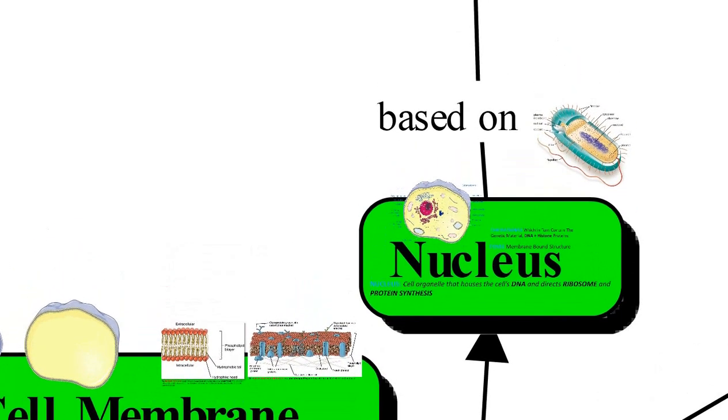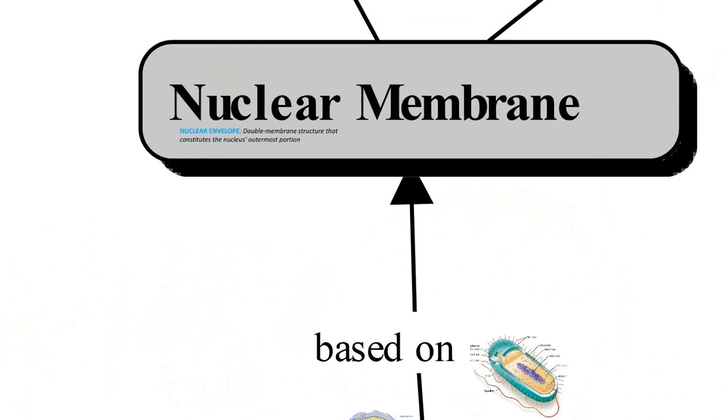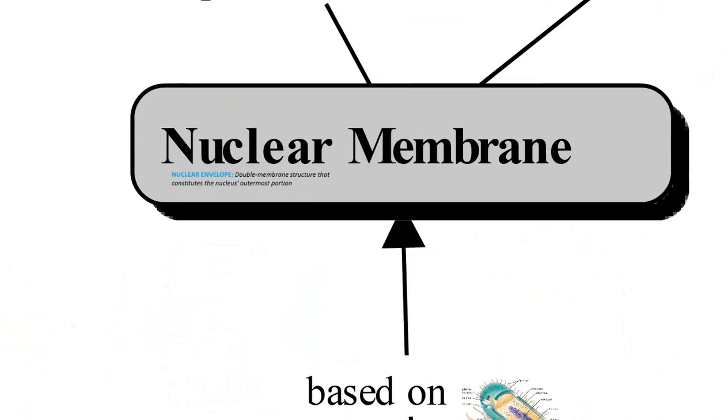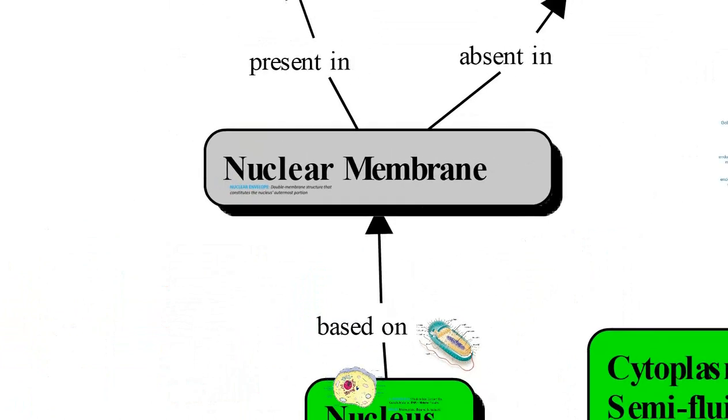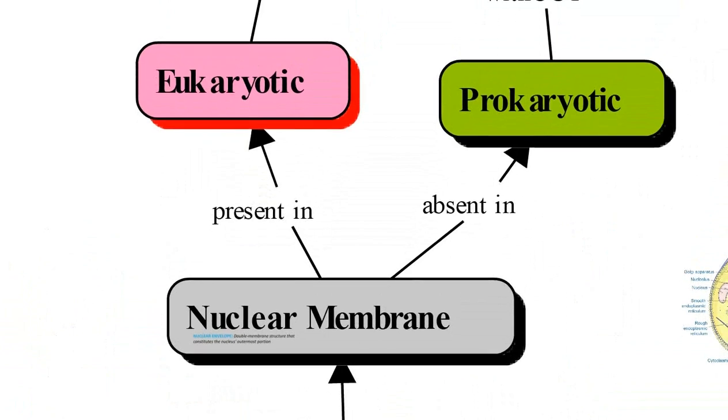Based on the presence or absence of the true nuclear membrane, usually organisms are classified into two categories. They are prokaryotic as well as eukaryotic organisms. In the case of prokaryotic organisms, usually they don't possess the well-defined nuclear membrane.